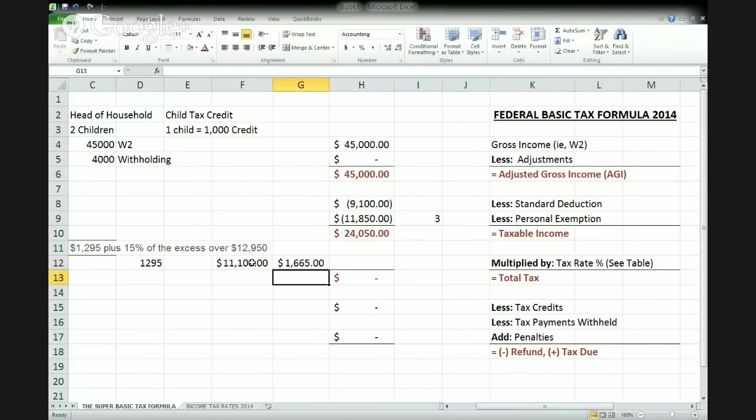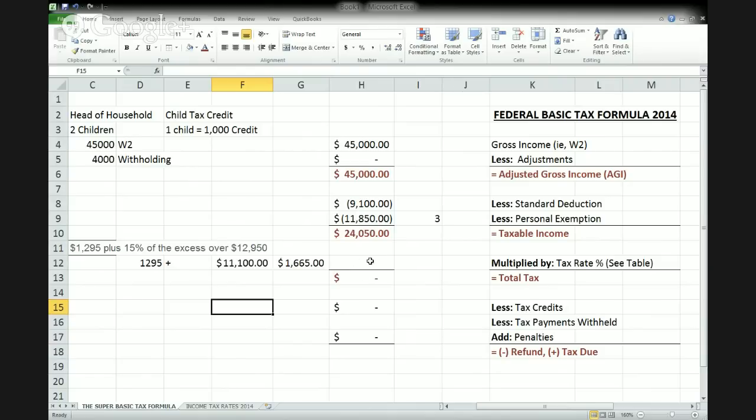How do we get 15%? Because of the rule. It says 1,295 plus the 15% of the excess of 24,050 minus 12,950, which is 11,100, multiplied by 15%, which is 1,650.